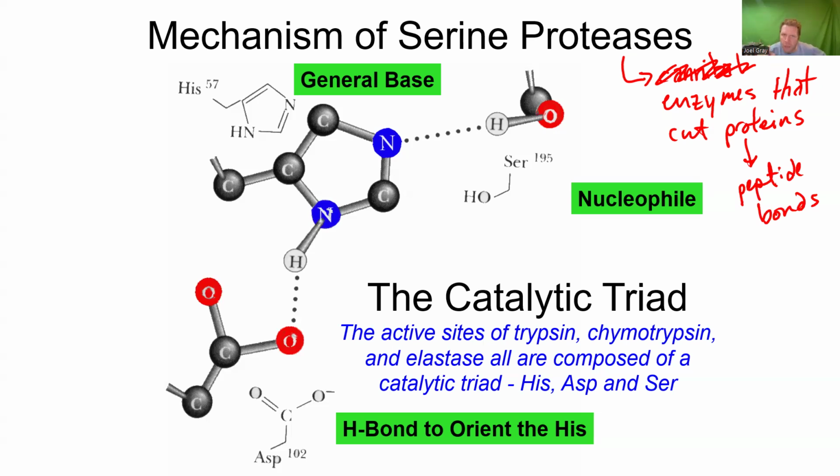The example that we're going to talk about is a serine protease. There are three amino acids that make up what is known as a catalytic triad. We've got a histidine, an aspartate, and a serine in the active site of a serine protease. These three amino acids are going to work together.